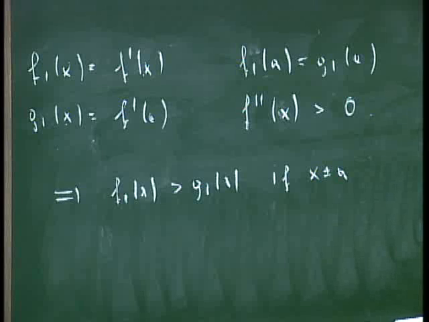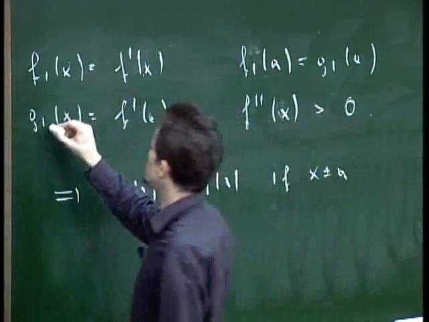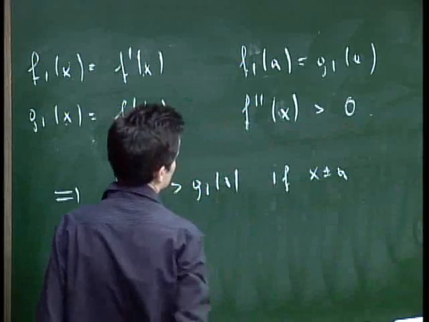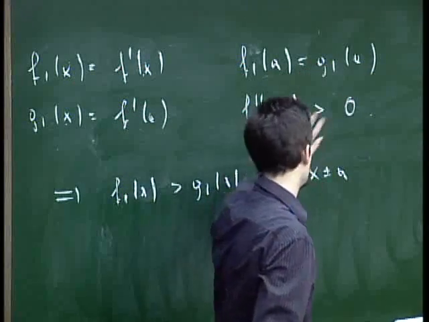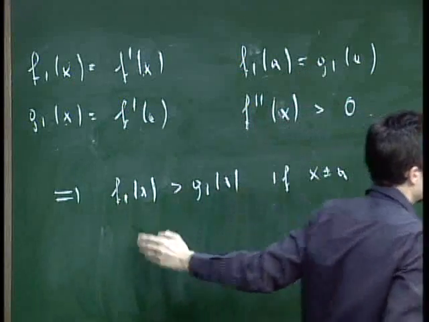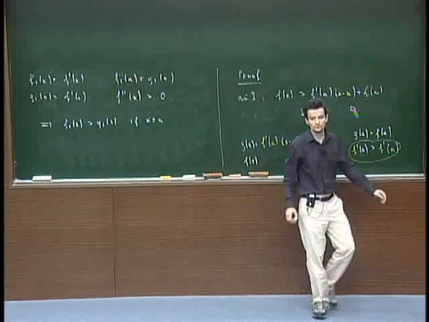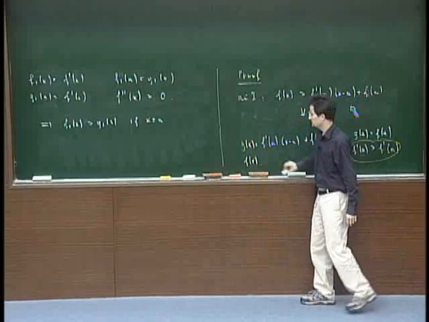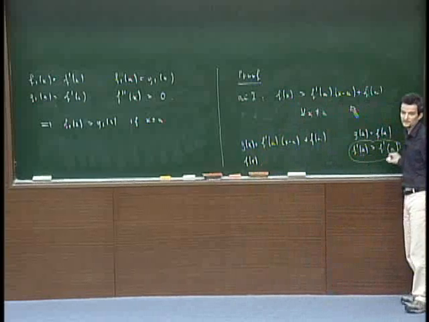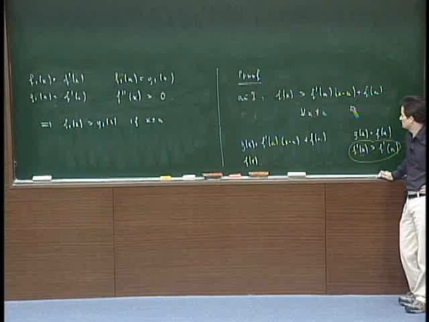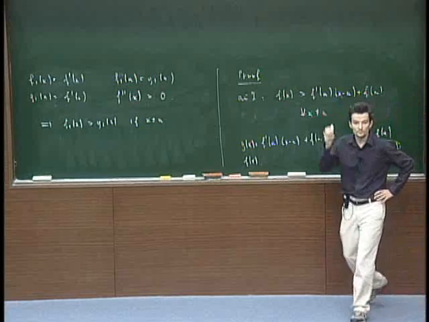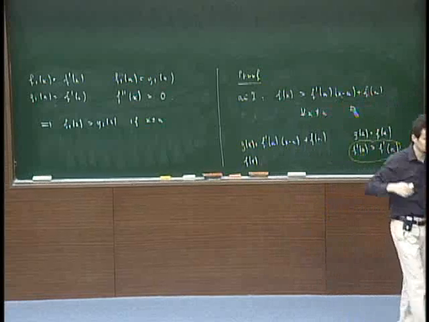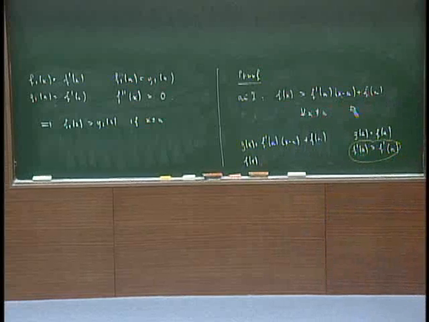So defining f1 and g1 like this, the assumptions of the racetrack principle are satisfied. I get this inequality, and then defining once more two functions g of x and f of x like this here, again the assumptions of the racetrack principle are satisfied, and I get what I want to prove. So this is just the same as we have seen already last time.